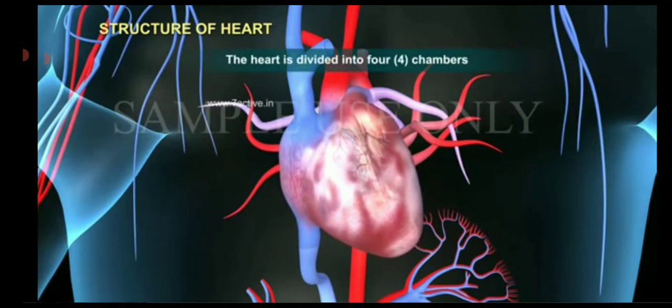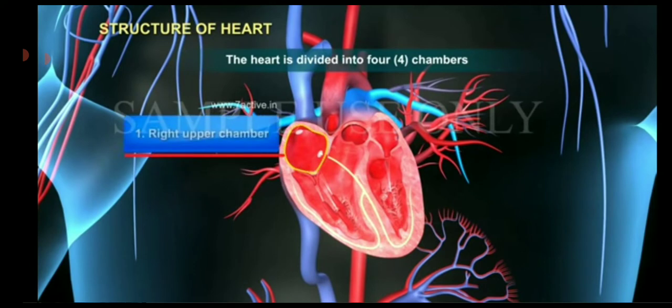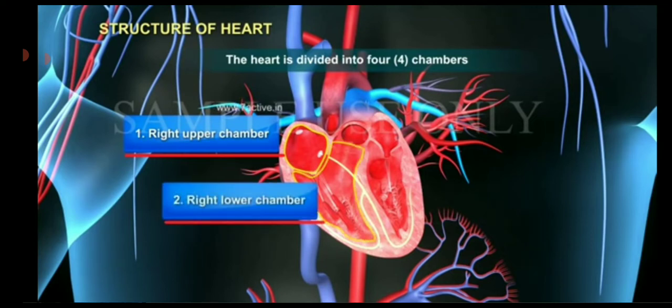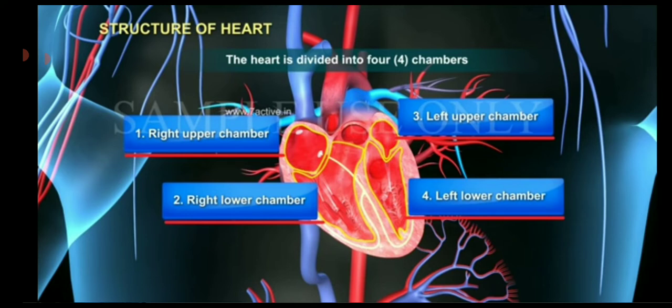The heart is divided into 4 chambers. The upper 2 chambers are called auricles. The lower 2 chambers are called ventricles. One is on the left side, another one is on the right side.